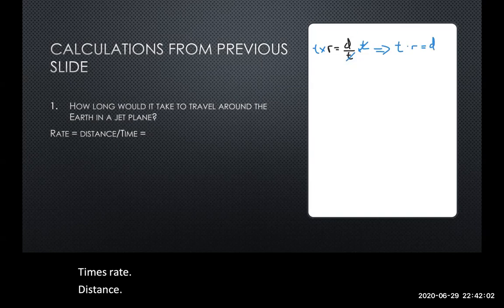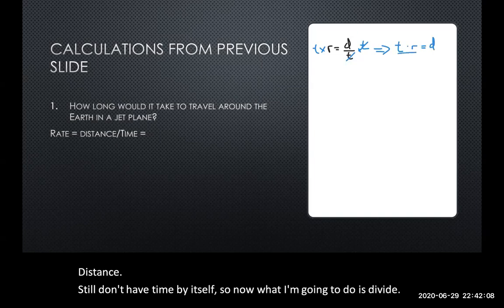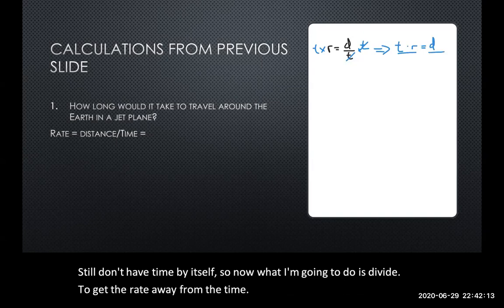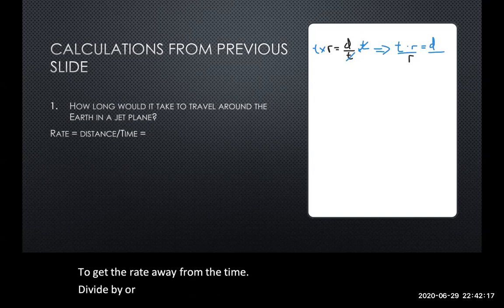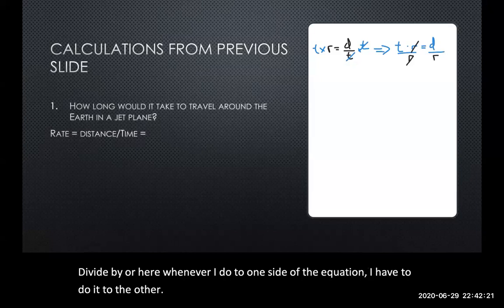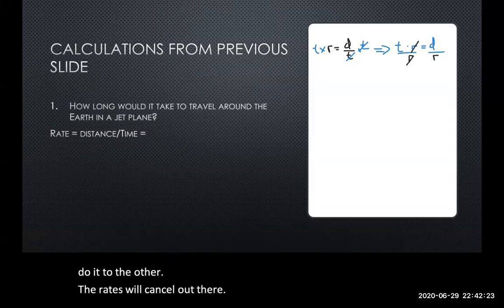I still don't have time by itself, so now what I'm going to do is divide to get the rate away from the time. So divide by r here, and whatever I do to one side of the equation, I have to do to the other. The rates will cancel out there. I'm going to rewrite the equation again.